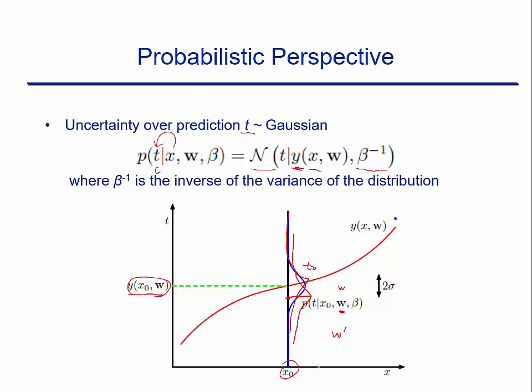At the same time, we also hope the Gaussian distribution is narrow, which means it focuses most probability density at y of x0. So generally, we will think a narrow distribution like this might be a better estimate, right? Because we focus more probability density on the mean.